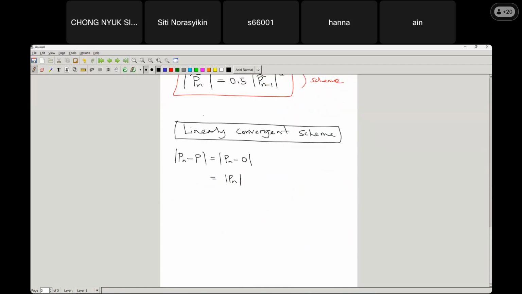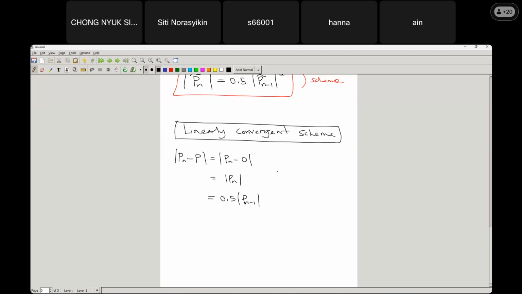Pn is equivalent to 0.5 Pn-1. After Pn-1, how are we going to find it? You start from n, and I want to write Pn in terms of P0. Why P0? Because usually P0 is given in the question as the initial value.